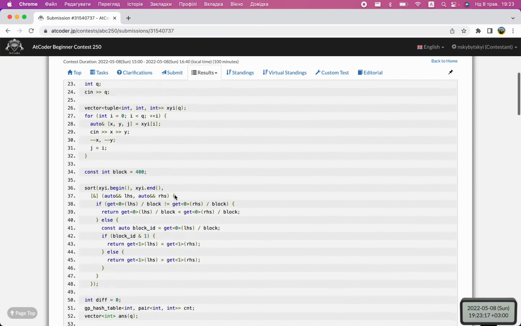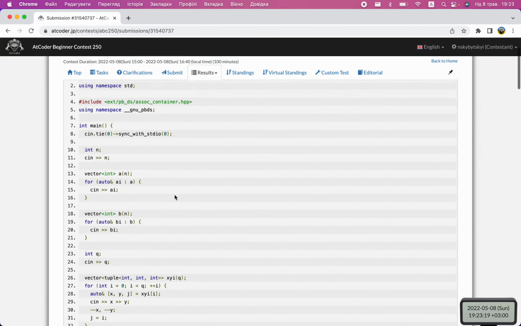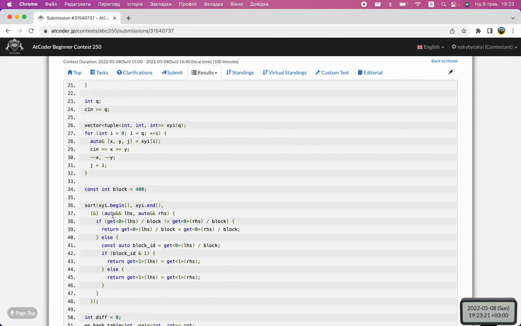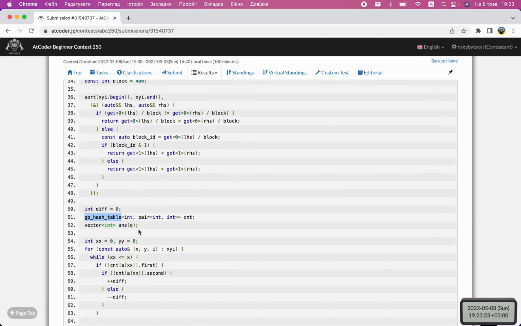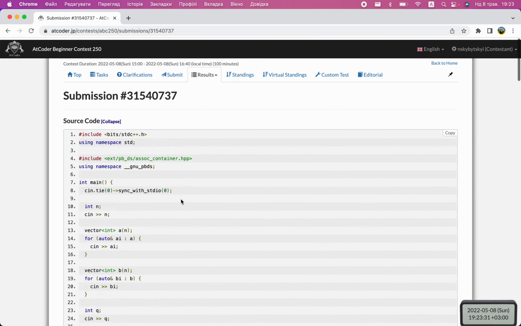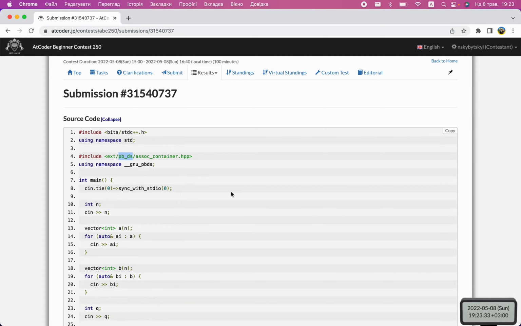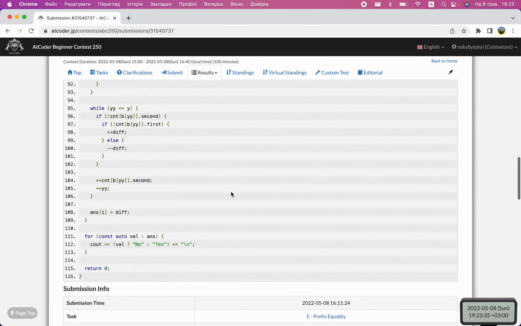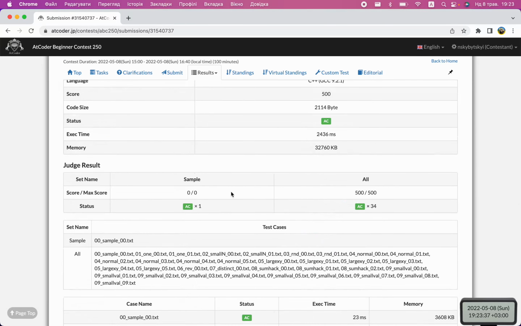So yeah, it took some optimization to squeeze it, because if you just use a map here, it will be O of n square root of n log n, which is not great. So I used a fast hash table from policy-based data structures. So that's one way to squeeze certain query problems. If you don't know what to do, you can always do more.